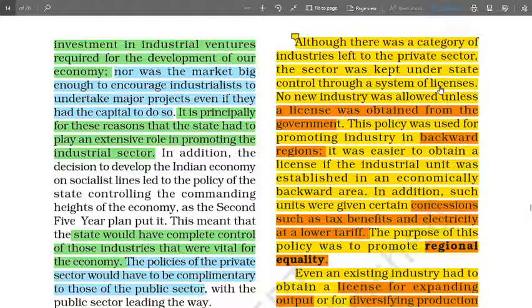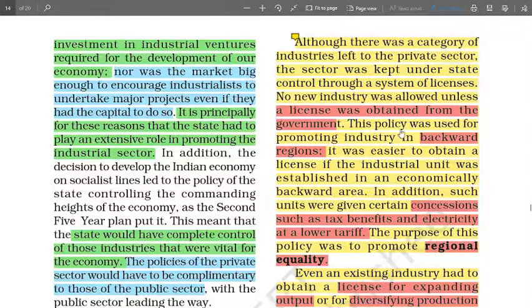Why do we need this kind of restriction? Let's see about that. This policy clearly stated that no new industry was allowed unless a license was obtained from the government. That means you have to apply for a permit to get a license to start even in the third group. Why is this so? Why is there restriction? Why is there this kind of policy?